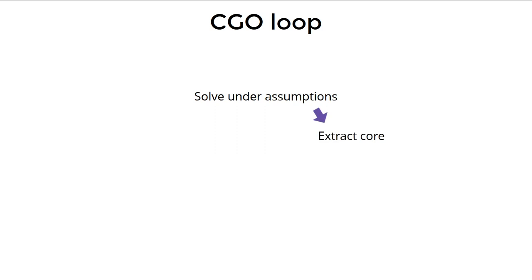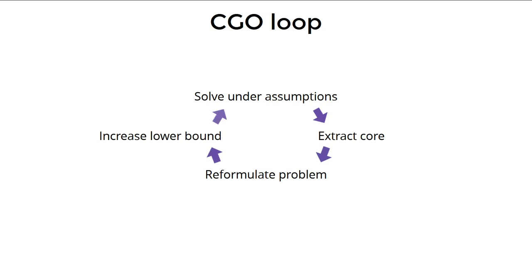By analyzing this core, the problem is then reformulated, and the lower bound for the objective function is derived. After this, the loop closes by calling the solver again on the reformulated problem. The loop stops when the solver returns a solution, as in this case, the solution should be optimal.